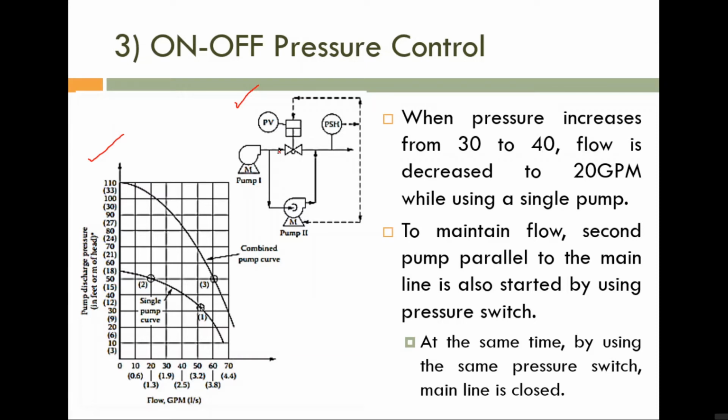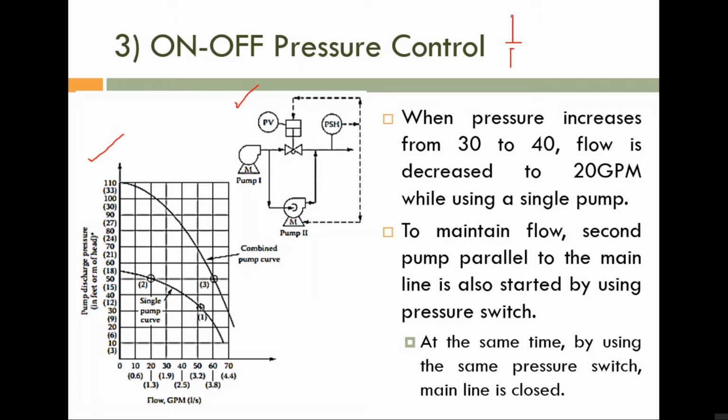Okay, so this one is an on-off pressure controller. Please note this is similar to drawing the corresponding voltage analogy. Initially assume that we have only one pump. This is one pump, so it means we have only one voltage source.